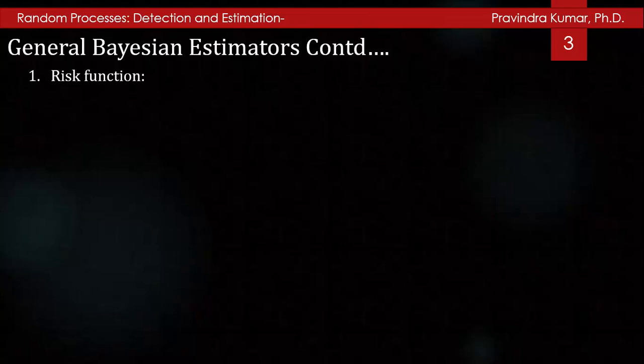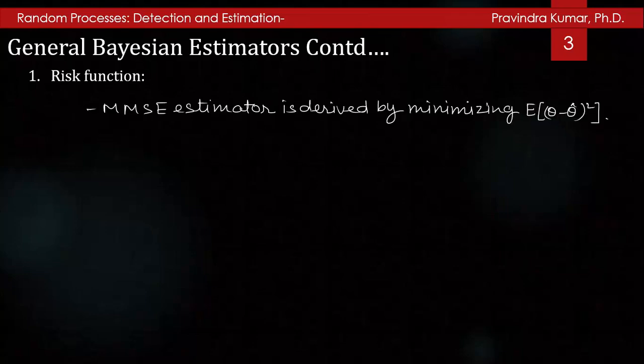You know that the MMSE, minimum mean square error estimator, is derived by minimizing the cost function or error function, which is the expected value of (theta minus theta cap) whole square, where the expectation is taken with respect to p(x, theta).